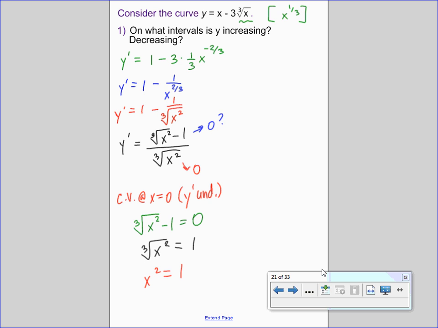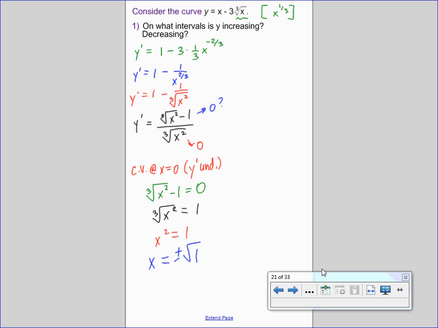Does x squared ever equal 1? Yes, at x equals positive and negative 1. And so we've got two potential critical values. I've got critical values at x equals 0, positive 1 and negative 1.